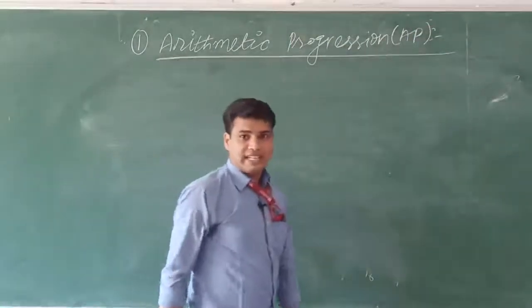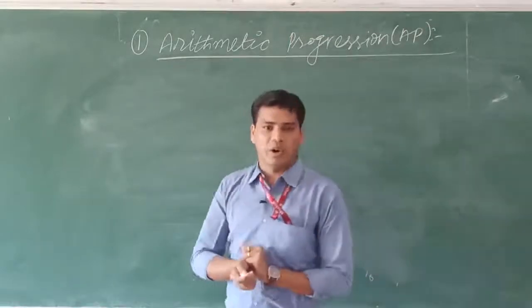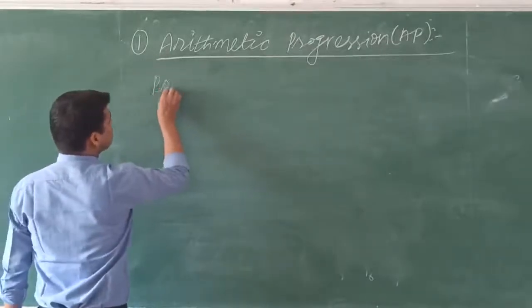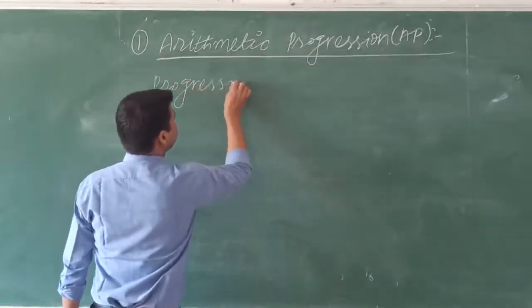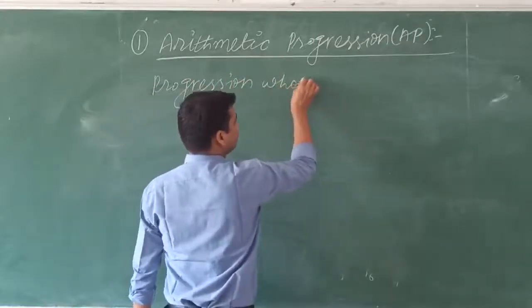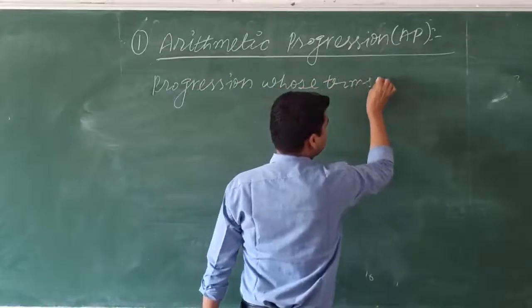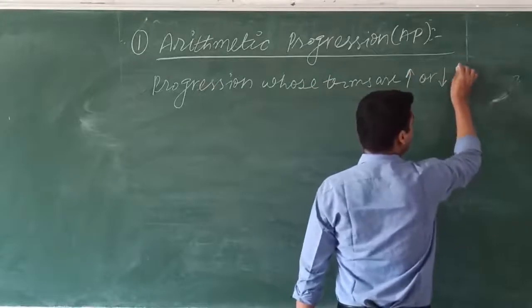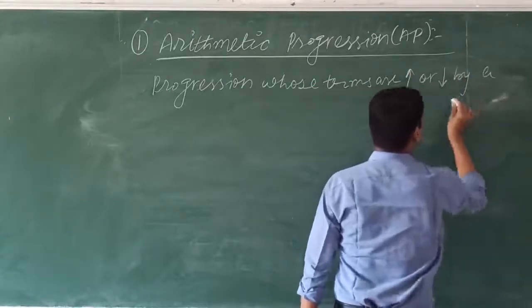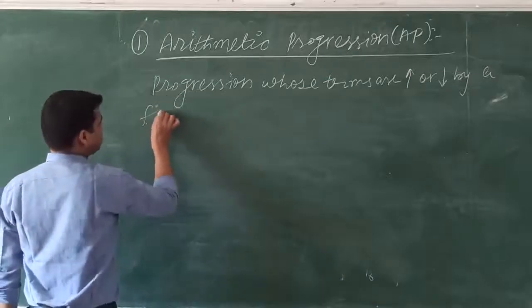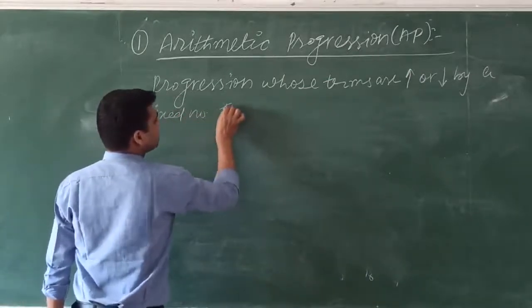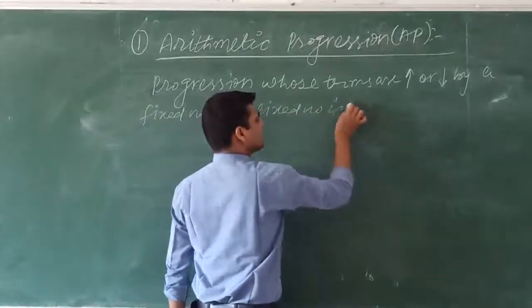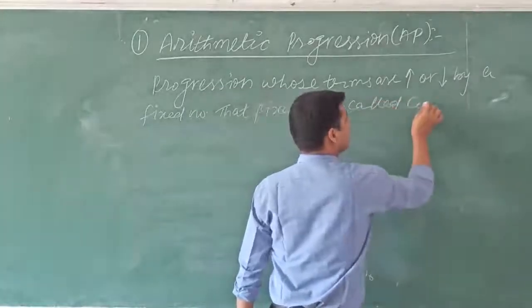Progression whose terms are increased or decreased by a fixed number, that fixed number is called the common difference.